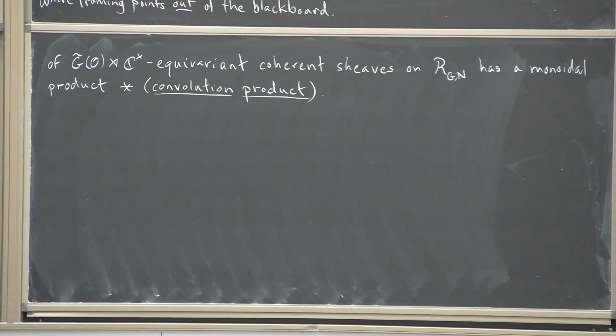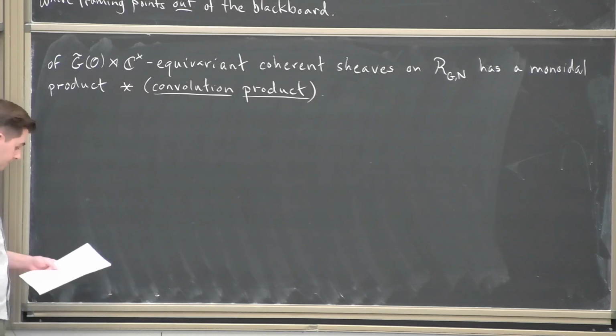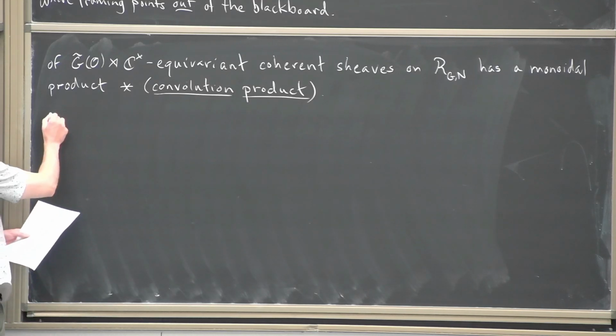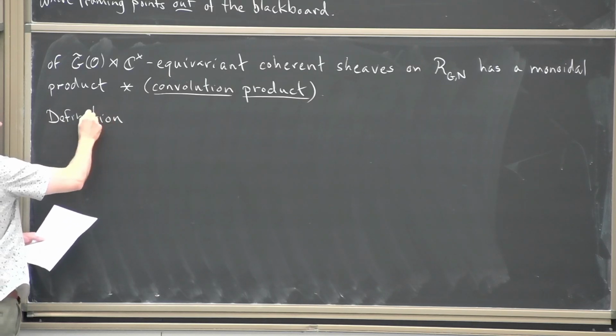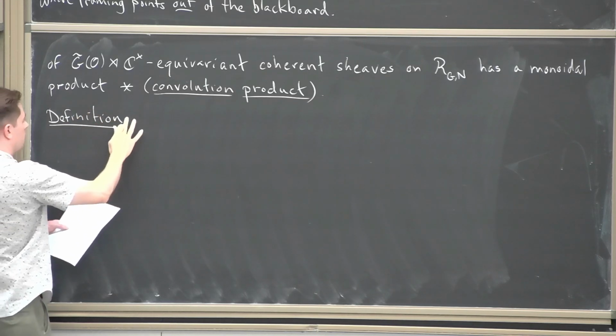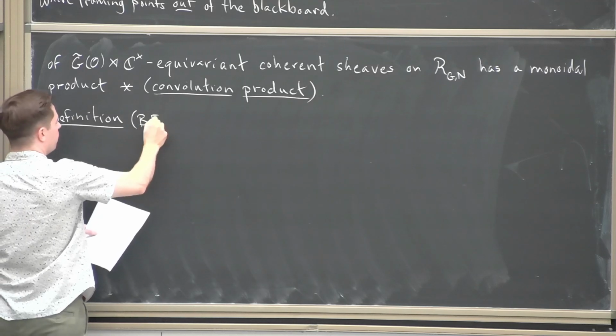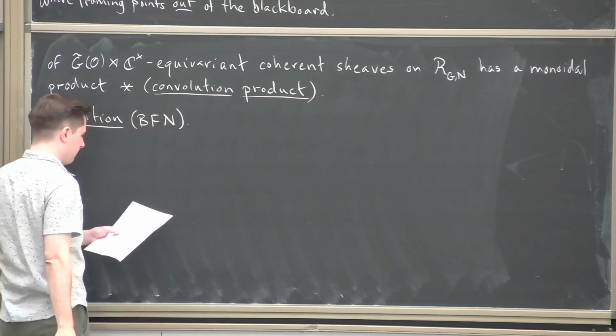So we have this triangulated monoidal category, and given such a thing, we can, of course, look at the associated Grothendieck group, which now has a ring structure, because we have this convolution product. And let me give a name to that. This is also from Braverman, Finkelberg, Nakajima.